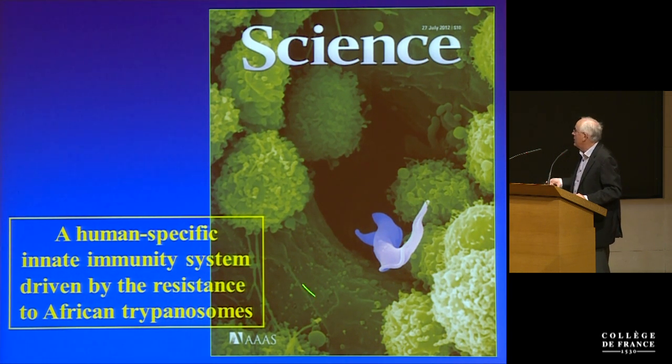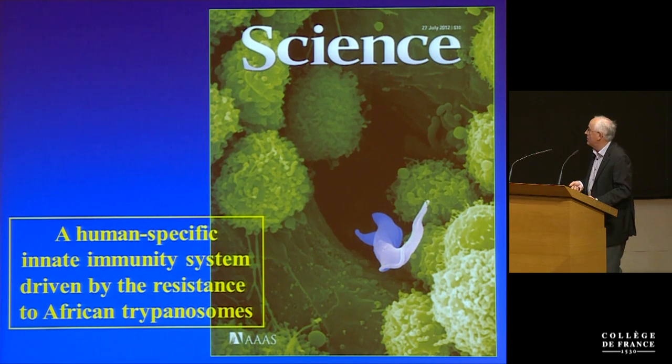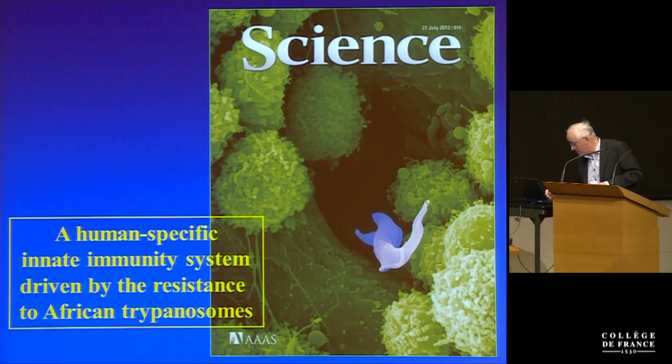You actually see here a Trypanosoma brucei parasite, which is a prototype of African trypanosome, happily swimming in the vessels of the liver of an infected mouse, and you immediately see that the parasite has to deal with the cells of the immune system of the host, and this is, of course, the topic of my presentation.